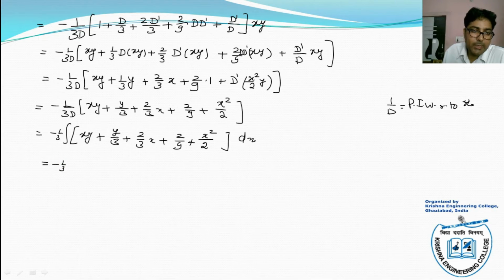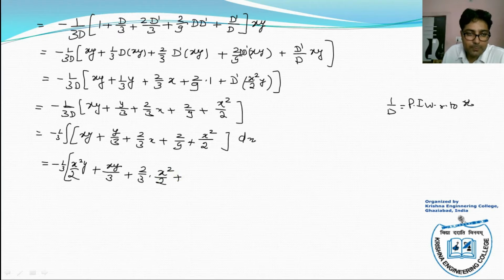Minus 1 by 3, integrate xy with respect to x, this is x square by 2 y plus xy by 3 plus 2 by 3 x square by 2 plus 2 by 9 into x plus x cube by 6.